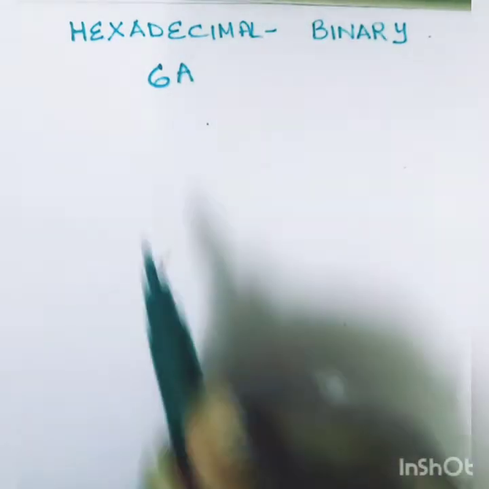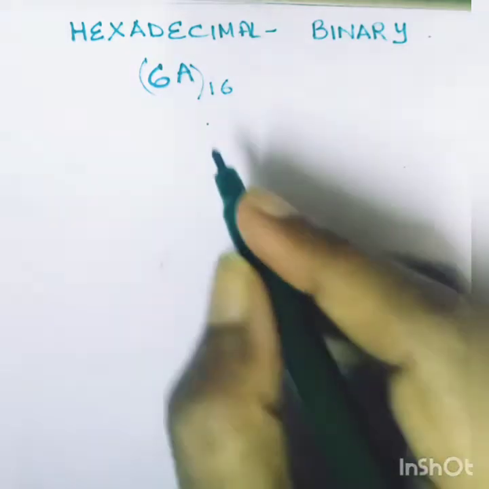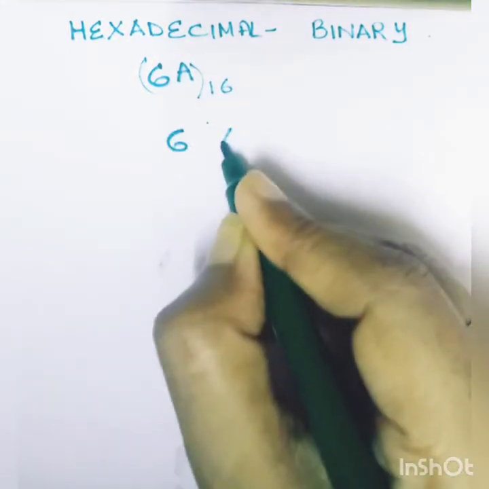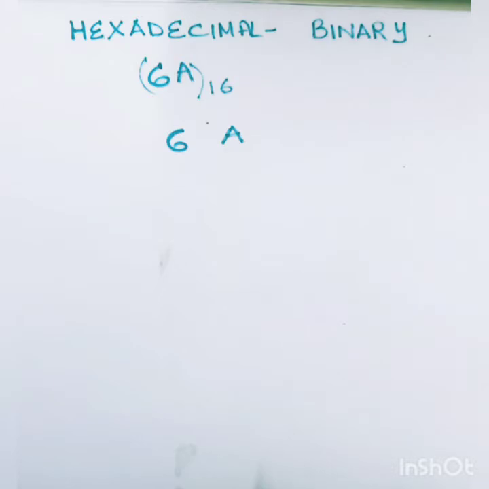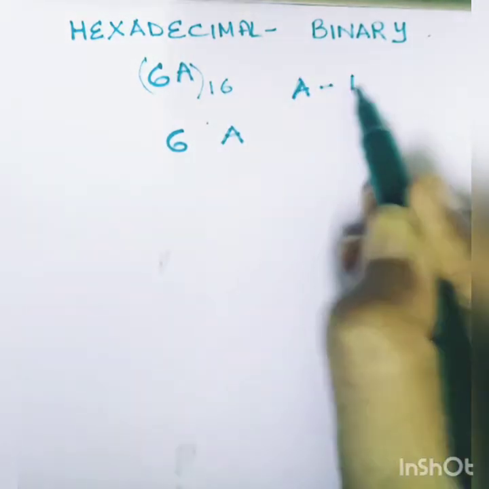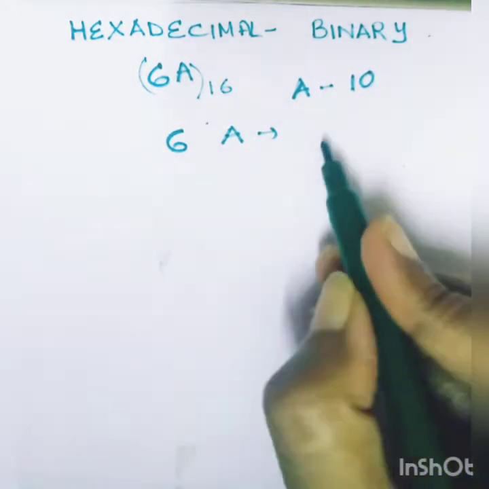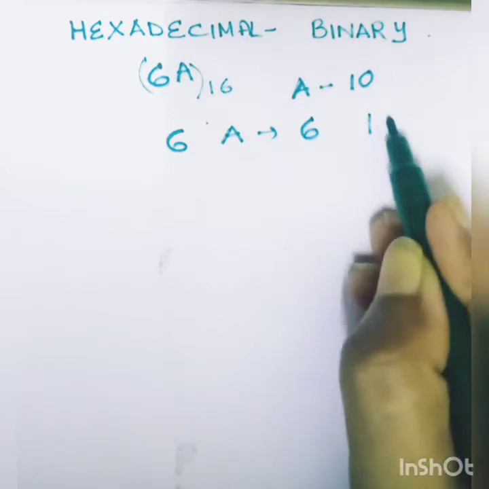It's a hexadecimal number. Base 16. Right? 6A. What is A in hexadecimal? A in hexadecimal is 10. So basically this number then stands for 6 and 10.